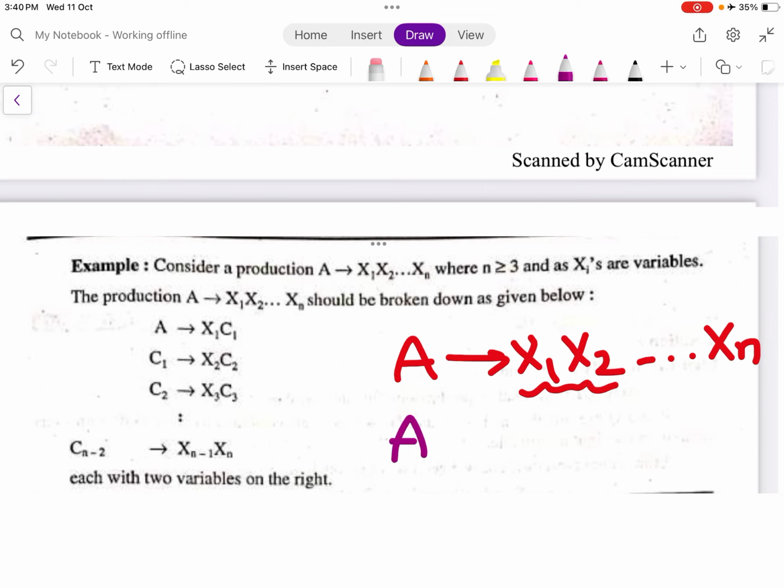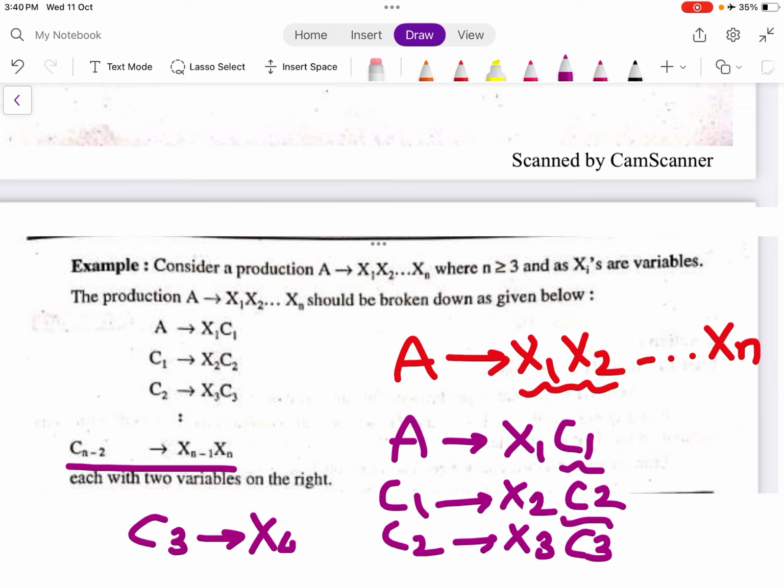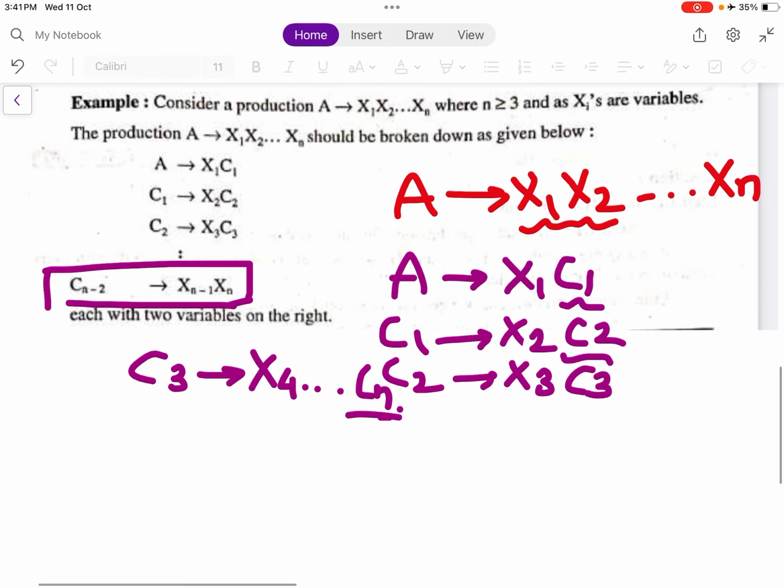So we will divide it as A giving you x1 c1, then c1 giving you x2 c2, c2 giving you x3 c3, c3 giving you x4 and so on, till c(n-2) giving you x(n-1) and xn, each with two variables on the right.